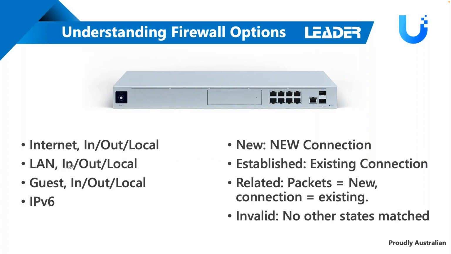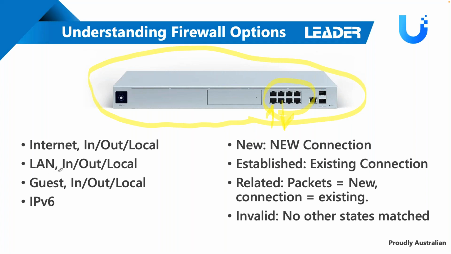So LAN in specifically is what we will primarily be talking about. LAN in would be all the traffic going into the specific interfaces, and LAN out would be traffic leaving a specific LAN interface. LAN local is for any type of traffic that is trying to reach my UDM.